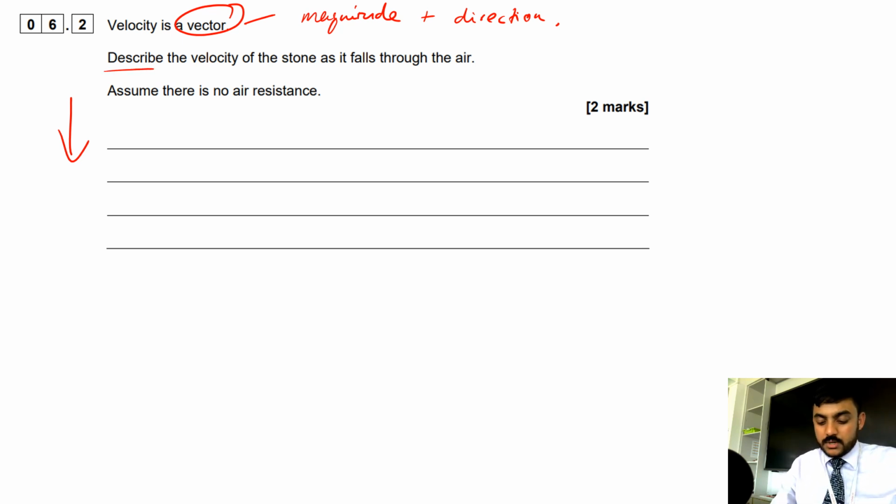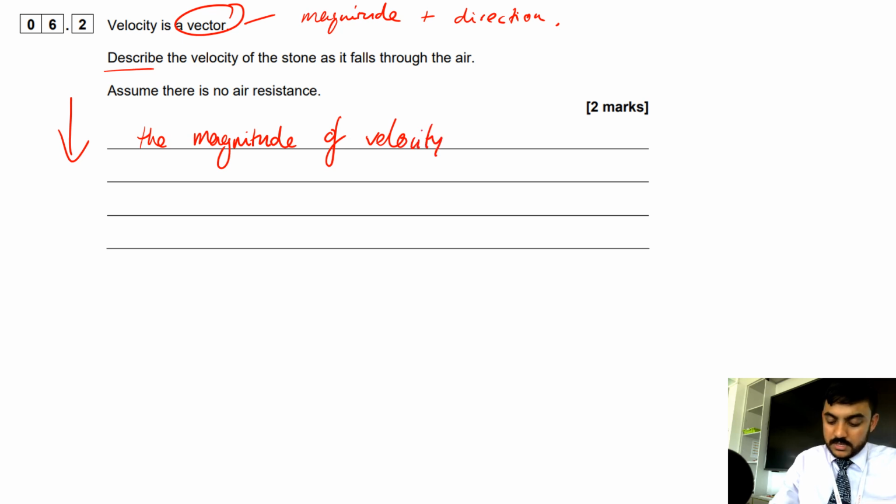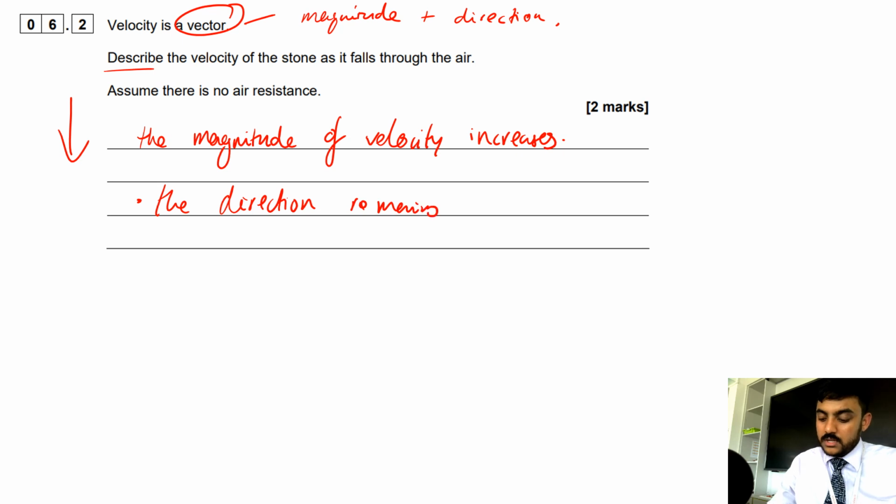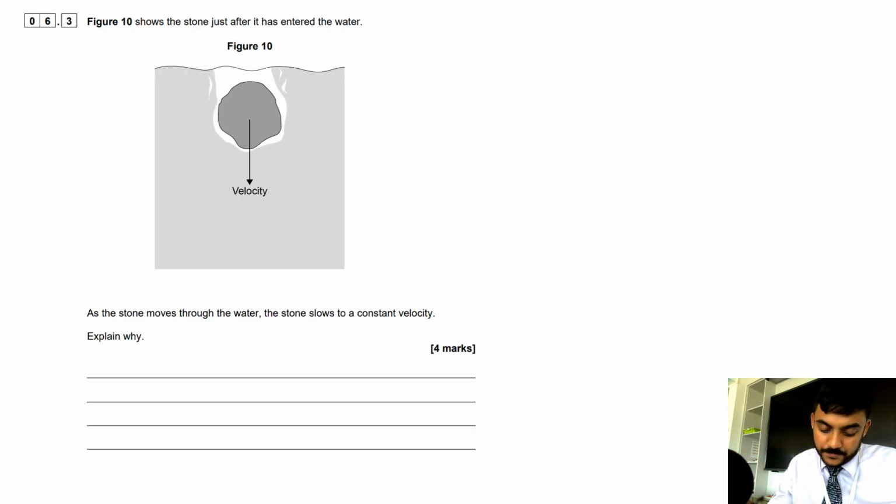The magnitude of velocity increases, meaning the velocity increases, the direction remains constant. So speed increases, however, it carries on falling towards the ground.